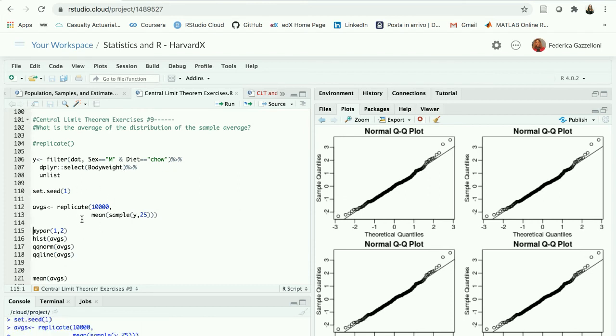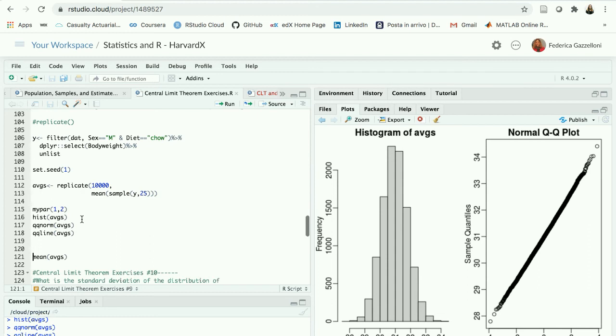And then I like to see the plots. As you can see, we have a histogram and the previous QQ plot. And as you can see, it's a normally distributed variable.